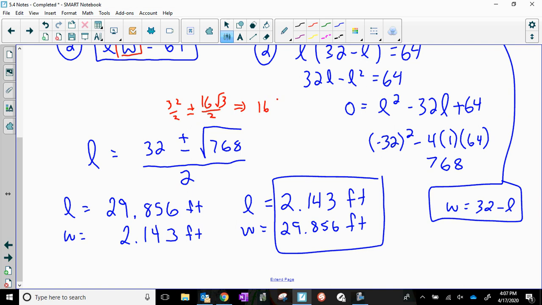So 16 plus or minus 8 square roots of 3. This would have been the plus, and this one over here would have been the minus for L. And when we subtract them, we realize we're going to get the other one. So if that's how you want to do this in simplified radical notation, that's the exact answer. We could live with either one of these answers.